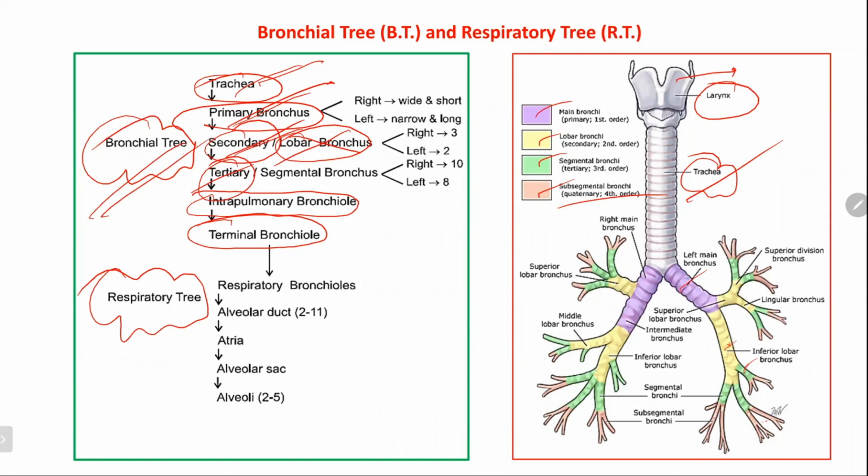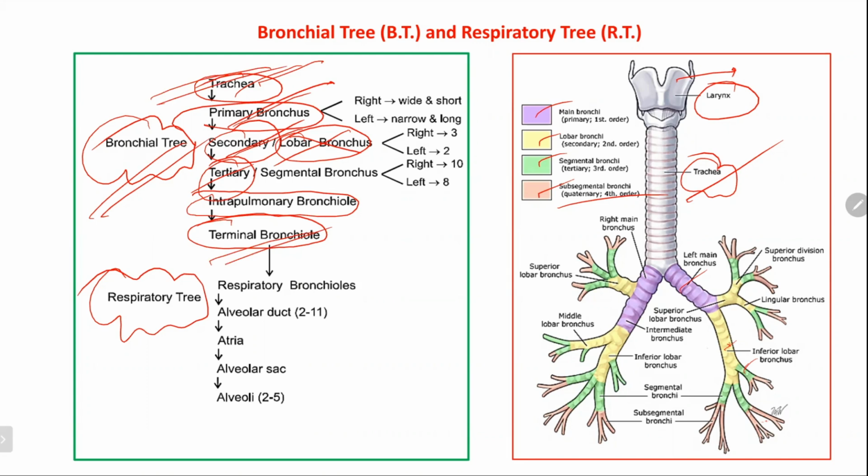Bronchial tree includes trachea, primary bronchus, secondary bronchus, tertiary bronchus, intrapulmonary bronchioles, and terminal bronchioles. So, as I explained previously, the bronchial tree constitutes the passage from trachea up to terminal bronchioles.